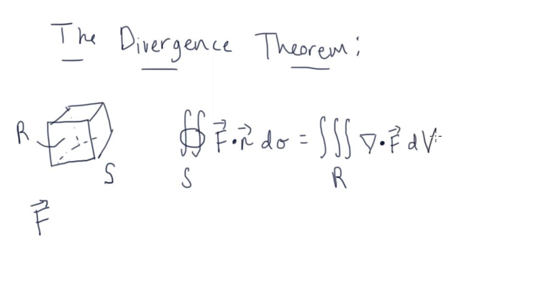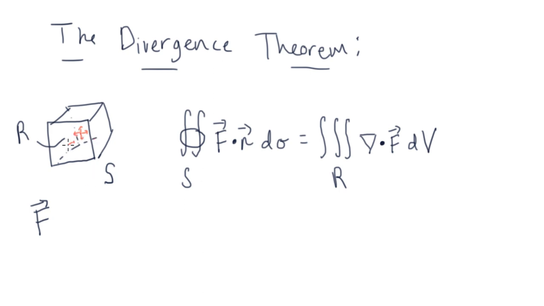Okay, and the interpretation here is exactly the same as in the plane. So if I look at each point, I can measure the divergence, or how much this is spreading out of that one point.